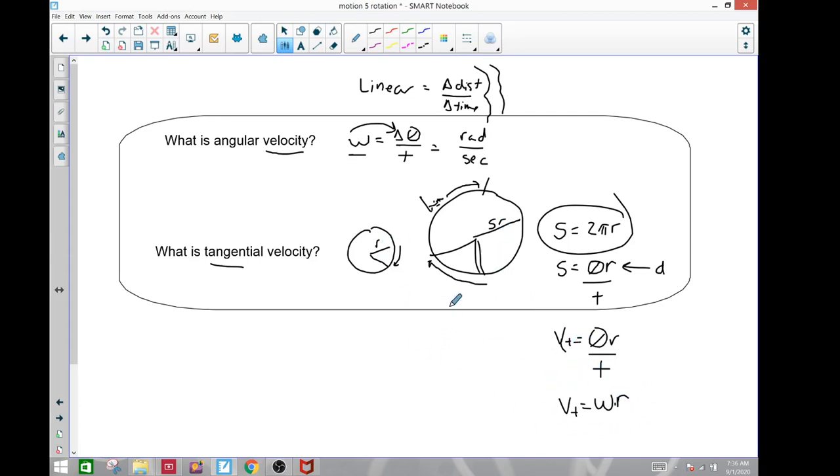So this guy's tangential velocity is 5 times this guy's tangential velocity. In one rotation, if you're an ant or a bug zipping around on the wheel, in the same amount of time that it goes one time around, this one has traveled 5 times farther. So the tangential velocity is 5 times.